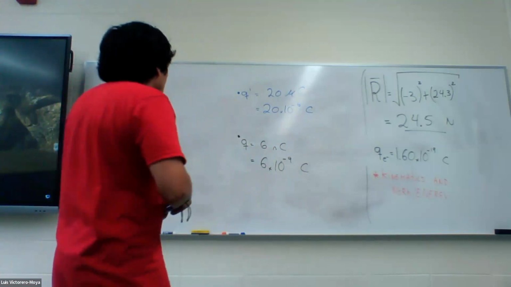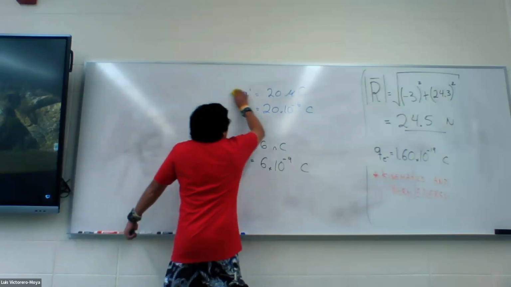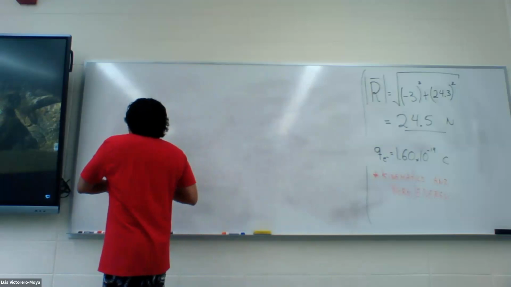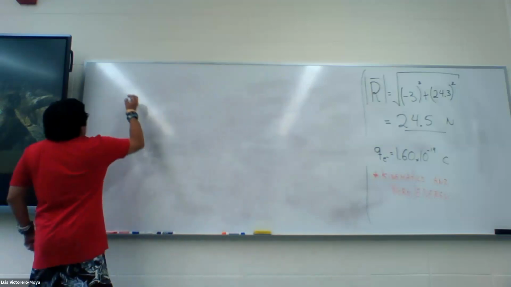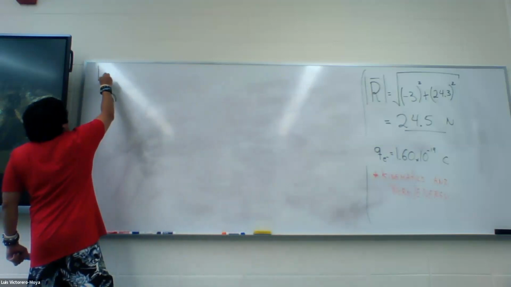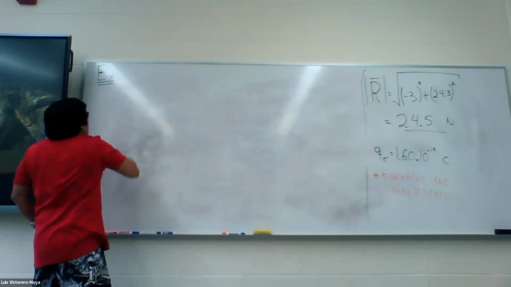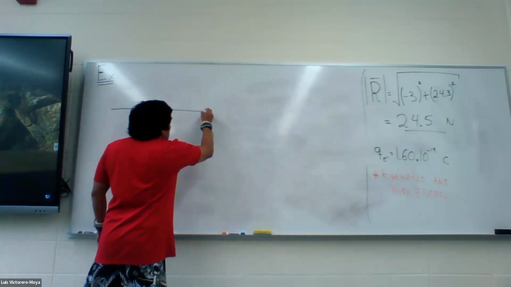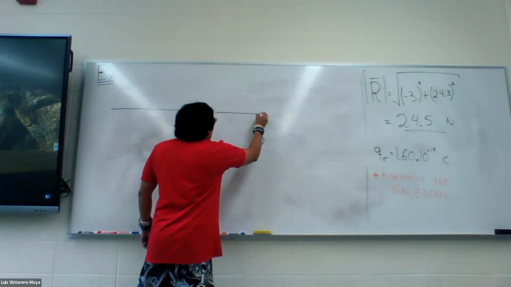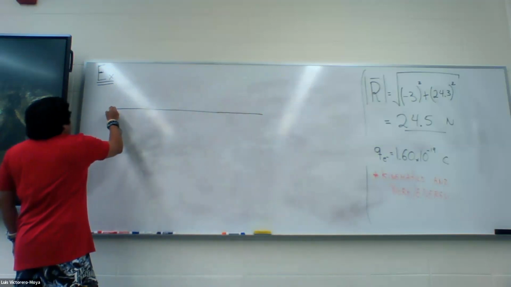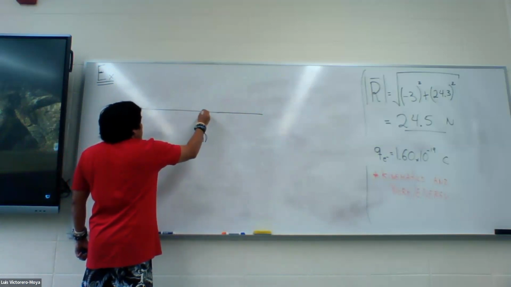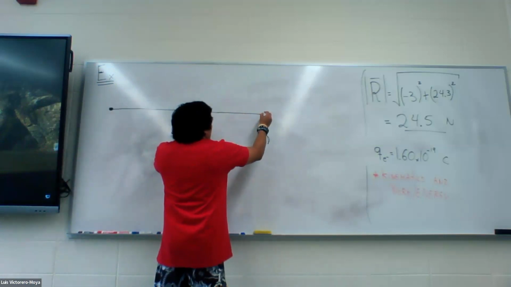All right. Okay. So let's give you an example on how to do a few of those problems of Coulomb's law. So example 1. On the x-axis, you're going to be given 3 charges. 1 there, 1 here, and 1 here.